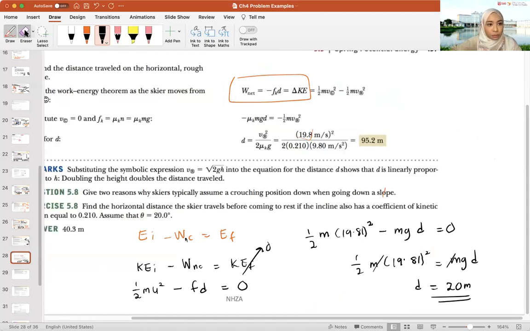So this becomes 0.2 mgd. Thank you, I also forgot. Okay, hopefully now it is right. Let's see, 19.81 squared divided by 2 divided by 0.2 with m cancelled, divided by 9.81. I get 100.